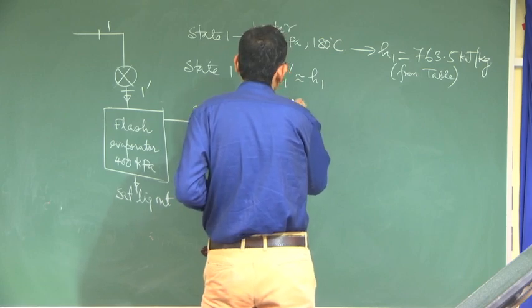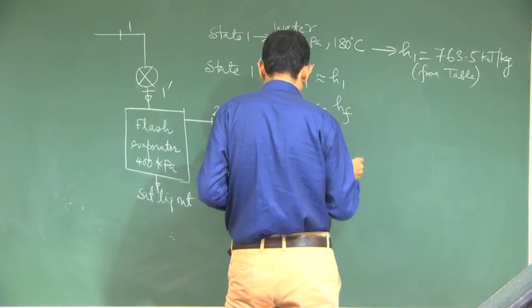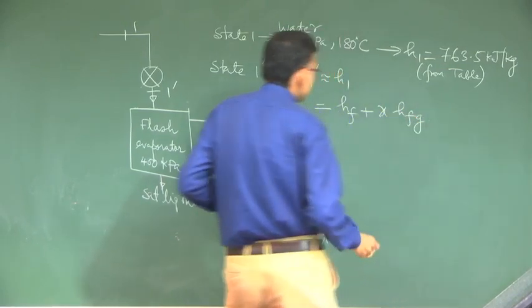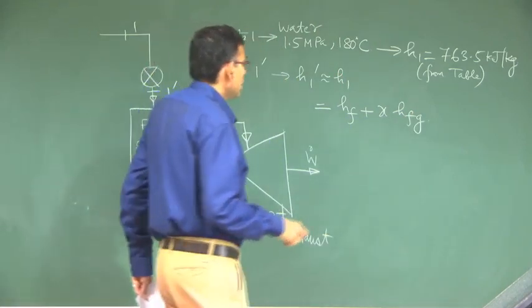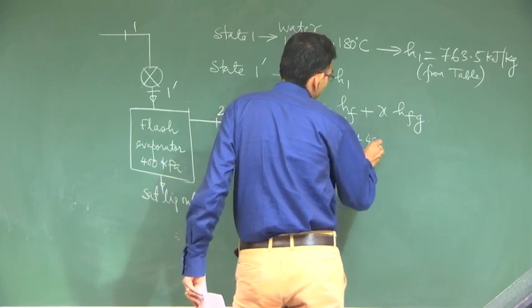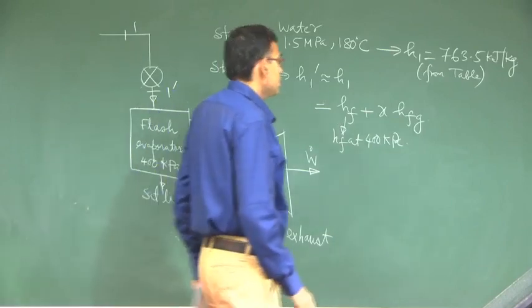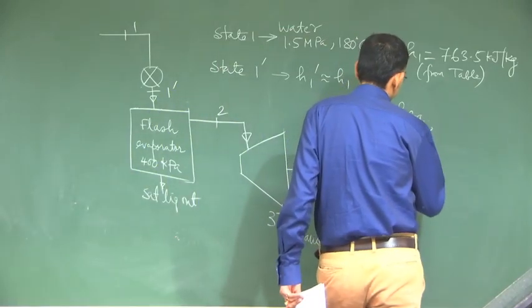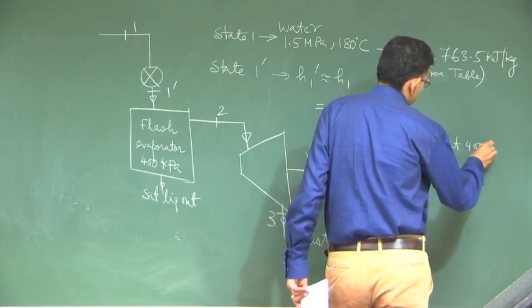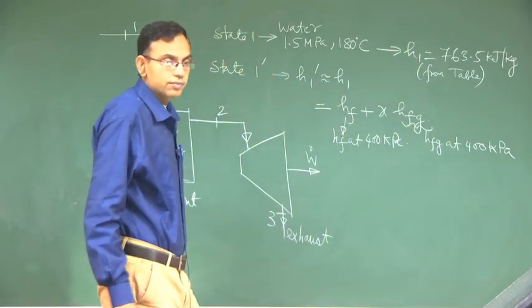So, this you can write as HF at 400 kilopascal, the pressure at which the flash evaporator operates, plus X times HFG at 400 kilopascal.